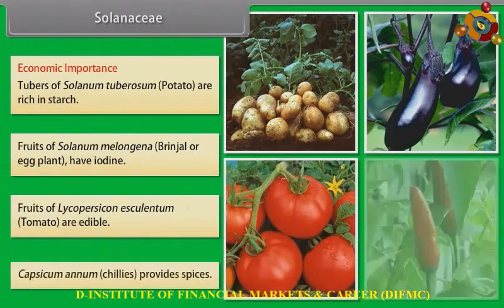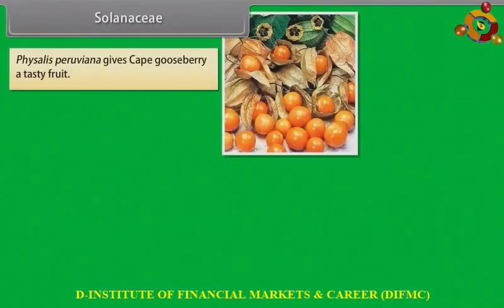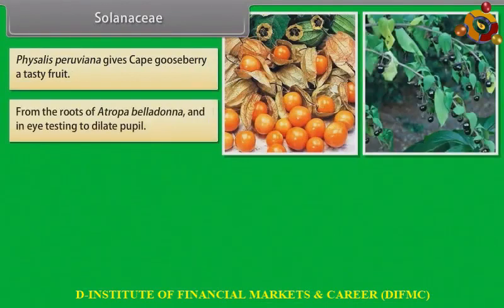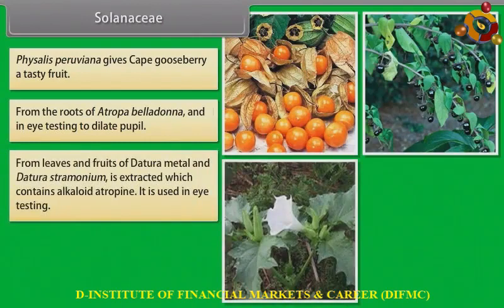Capsicum annuum, chilies, provide spices. Physalis peruviana gives Cape gooseberry, a tasty fruit. From the roots of Atropa belladonna, atropine is obtained, used in eye testing to dilate the pupil. From leaves and fruits of Datura metel and Datura stramonium is extracted the alkaloid atropine.